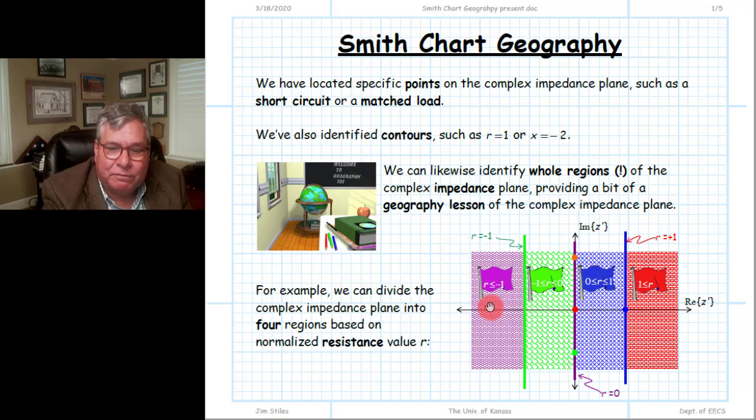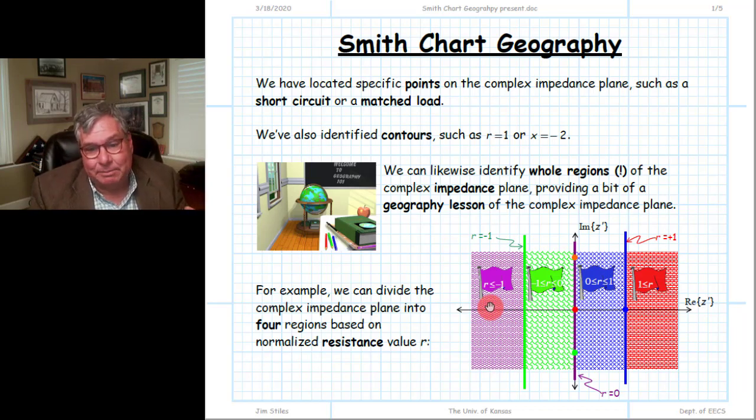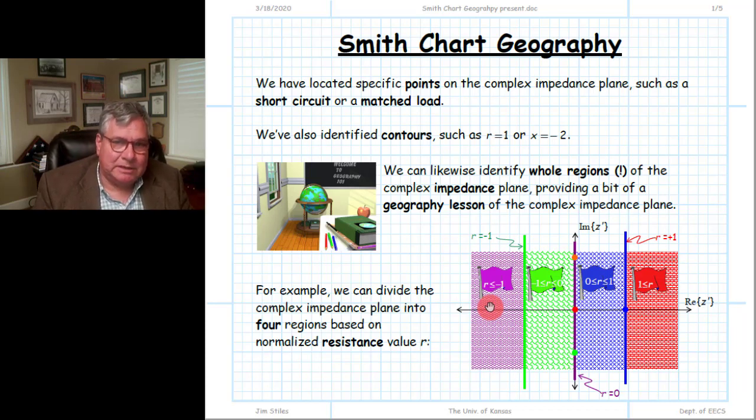And finally, a fourth region, which consists of the remainder of the complex impedance plane, the normalized impedance plane, and that is all points that represent impedances whose real part is less than a value of -1. Notice for all 4 of these regions that they extend to infinity as we move up.